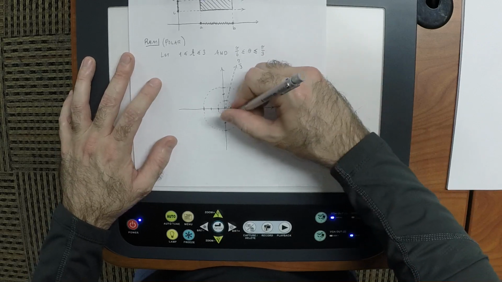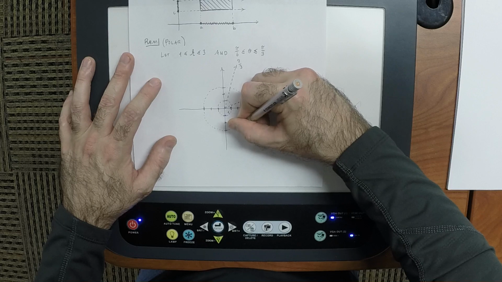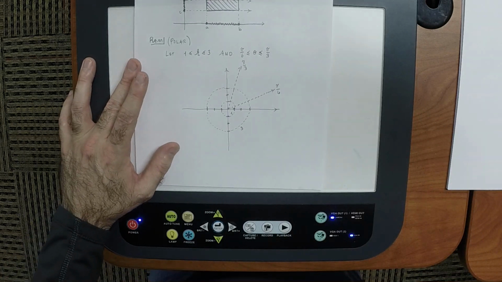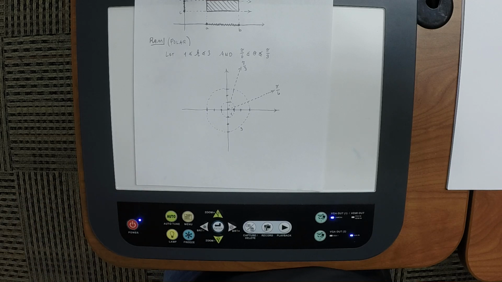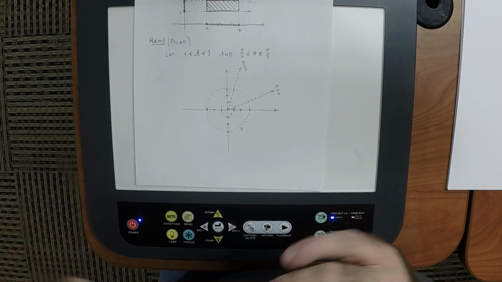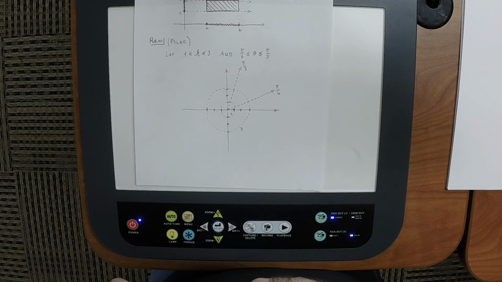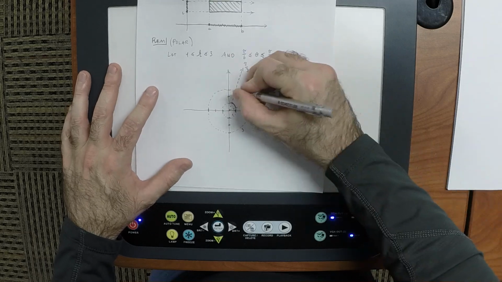And this little circle is radius 1, and this bigger circle is radius 3. So to satisfy the first condition, you have to be between the circles, and to satisfy the second condition, you have to be between the angles. So can you see the part that satisfies both conditions? It would be this bit.